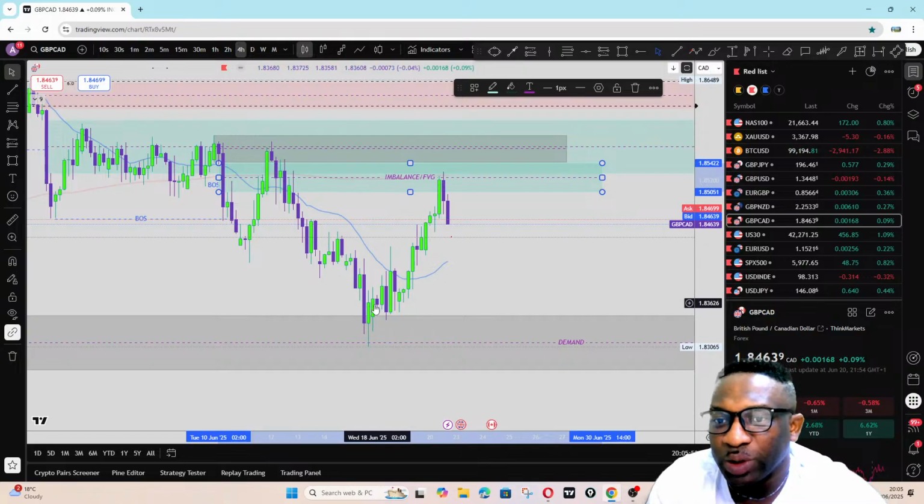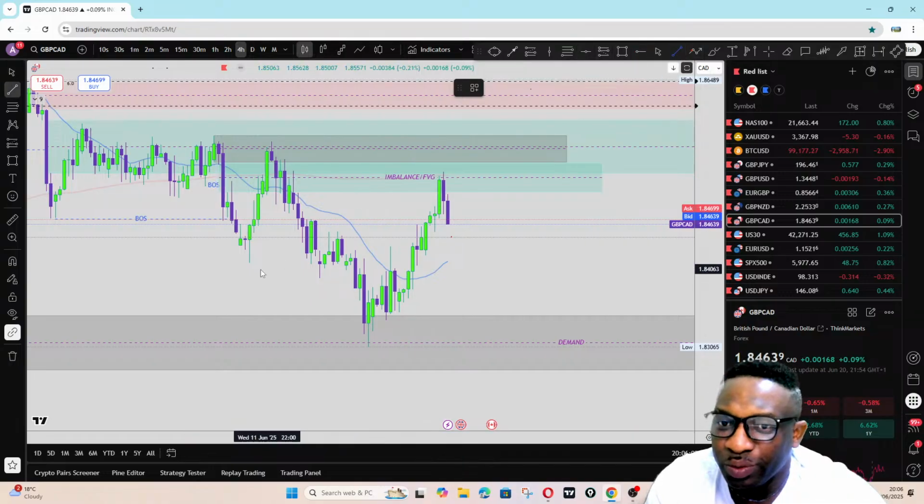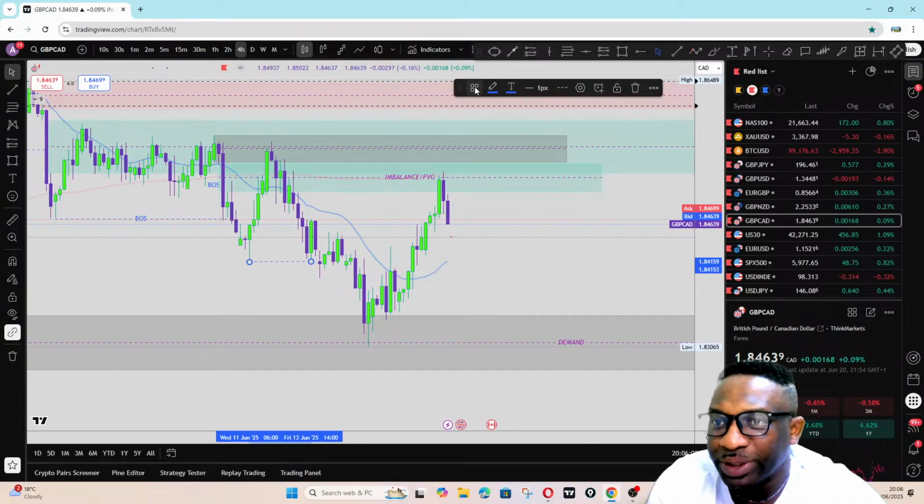From this point on, we had another break of structure. The same thing we do over and over again: identifying these areas and then looking out for the origin. The origin of this break of structure is this area, so you also try to identify if there's any imbalance here.